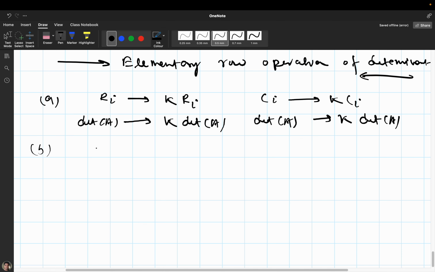Property number 2. If any two rows or columns are interchanged, then what will happen?